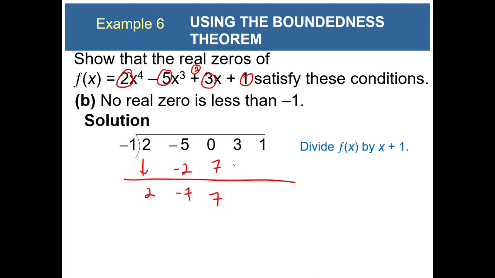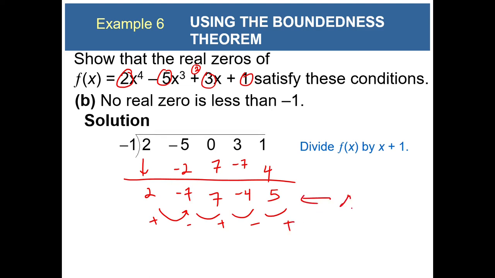-1 times 7 is -7. 3 plus -7 is -4. And -4 times -1 gives us 4. And we add, we get 5. Notice that we have alternation in sign. We have a positive to a negative, then a negative to a positive, then a positive to a negative, and a negative to a positive.